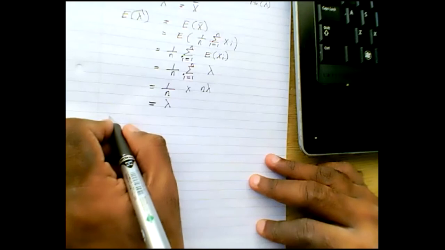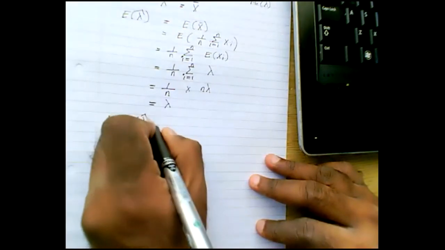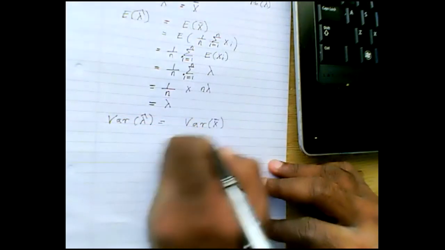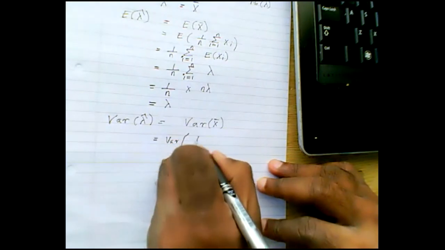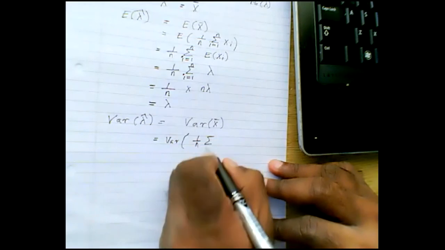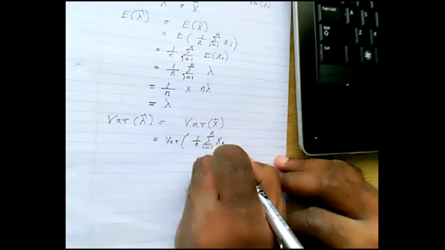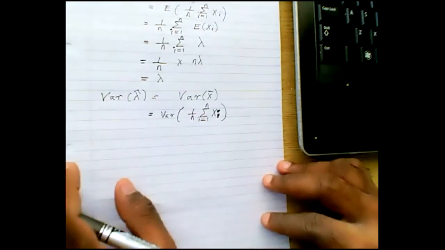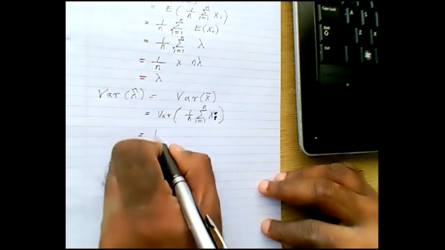Now, to find the variance of lambda hat, the procedure is the same. So you find the variance of x bar, which is the variance of 1 over n times the sum of xi. Now, if you take the n outside of the brackets, n becomes n squared.